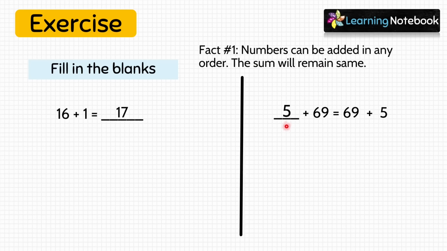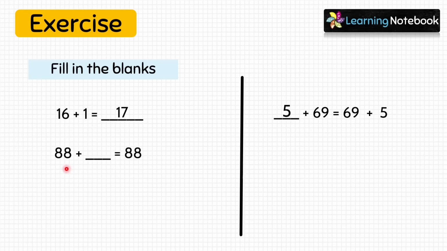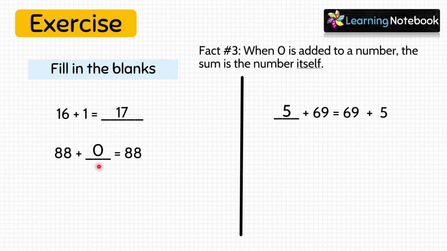So the answer is 5. Next question. 88 plus dash equals 88. So here the answer is 0. Because when 0 is added to a number, the sum is the number itself.